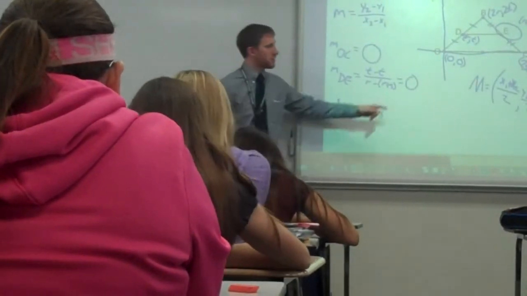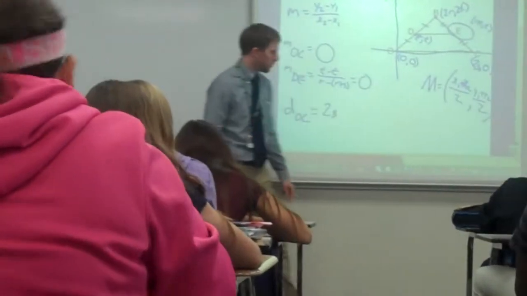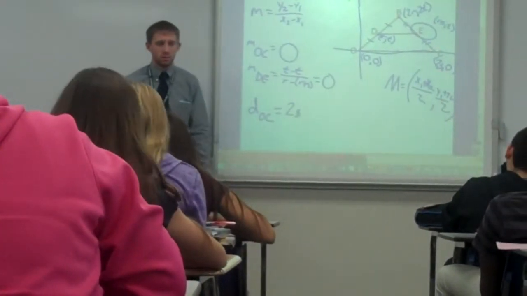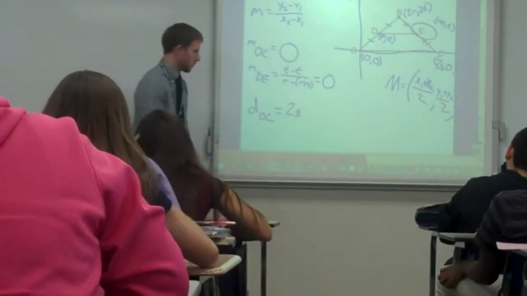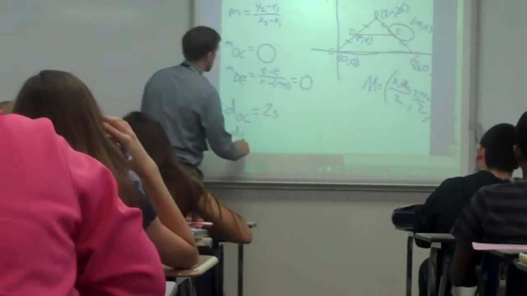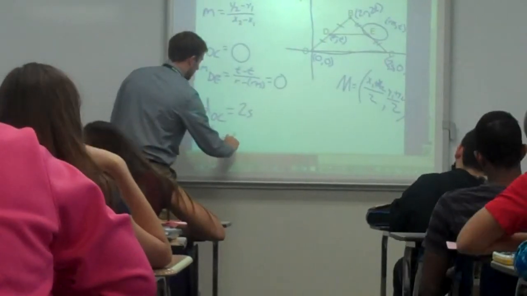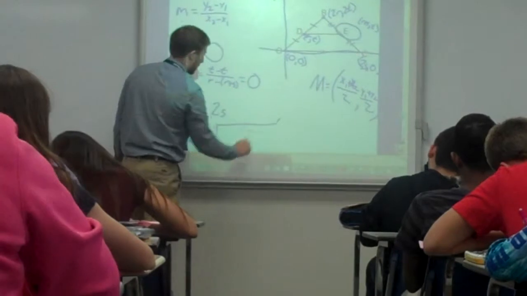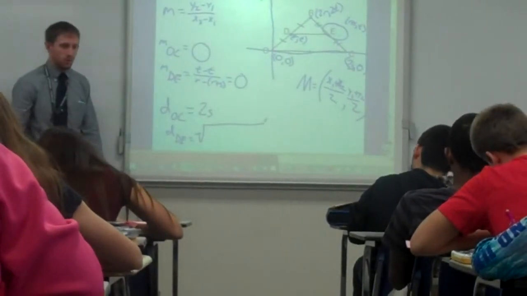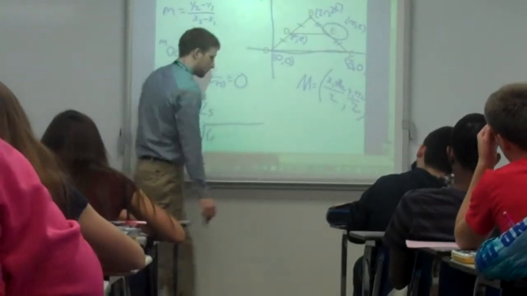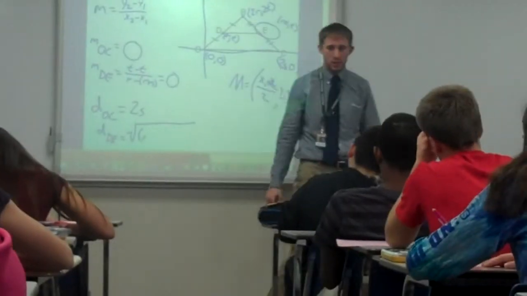So if we do this right, DE should equal 1s. Right? Distance of DE, square root of a bunch of stuff. x2 minus x1.